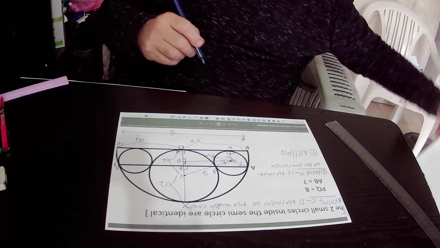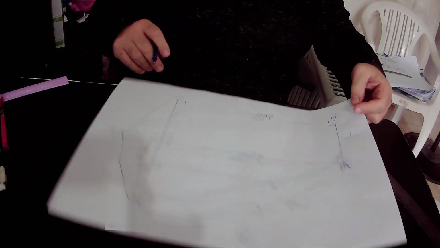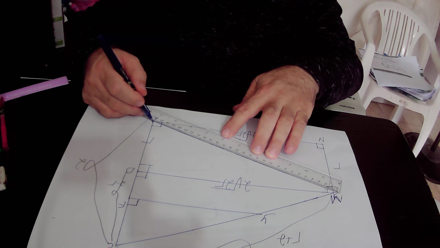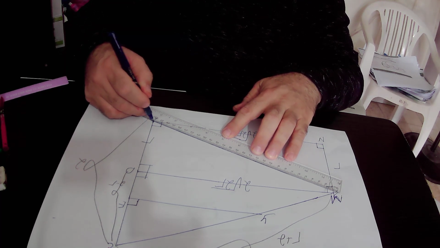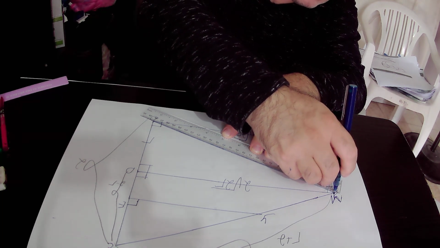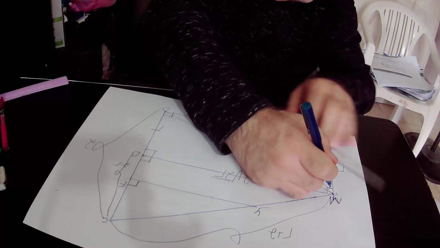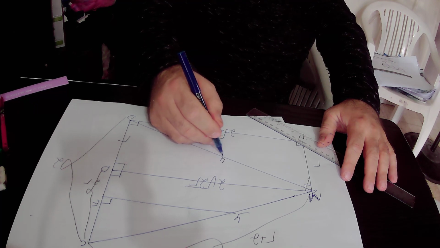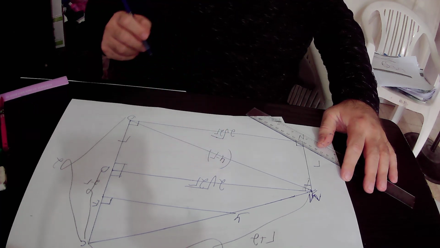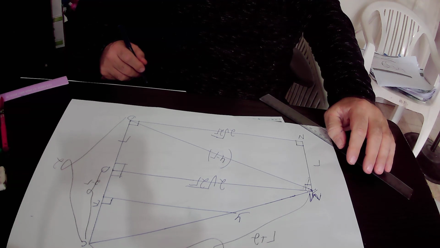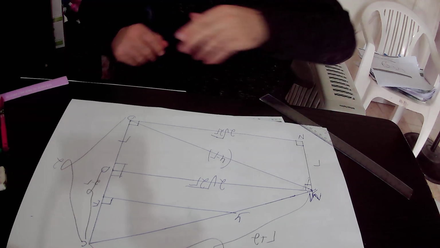So here we will join together points M and O by a straight line. We already found out that MO equals 4 minus r, and so we will focus on the right triangle, triangle MNO.